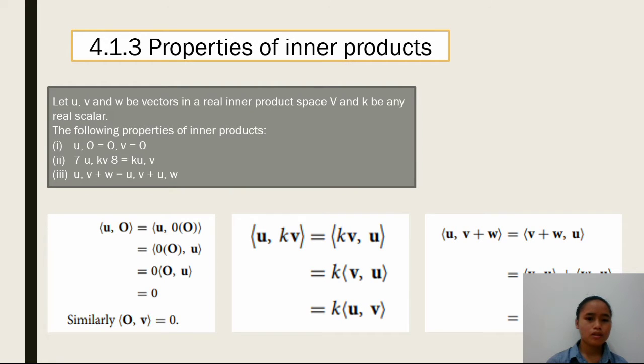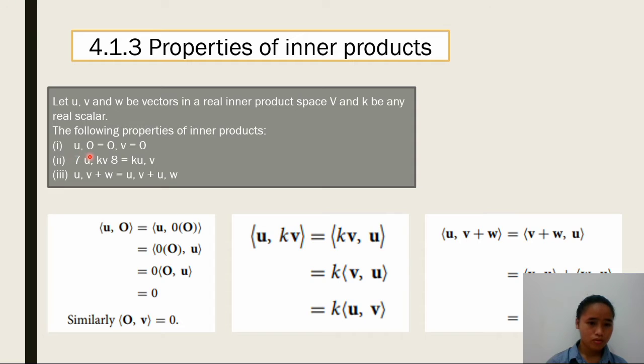Okay, properties of inner product. Let u, v, and w be vectors in a real inner product space V, and k be any real scalar. These are the properties of the inner product.